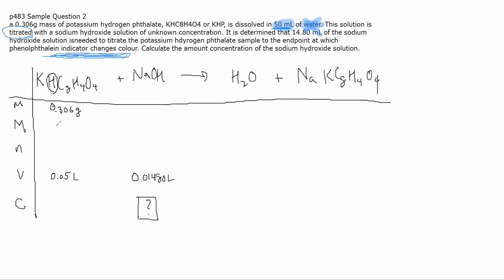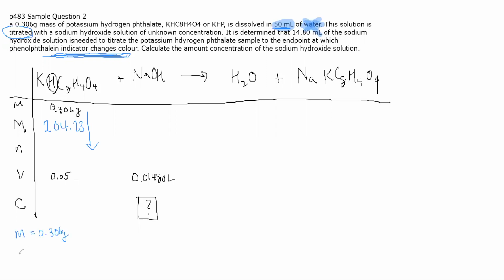Don't quote me. 39.1, my bad. 39.1 plus 8 carbons, which is 12.01, plus 5 hydrogens, 1.01, plus 4 oxygens, which is 16. The molar mass of the phthalate is 204.23.